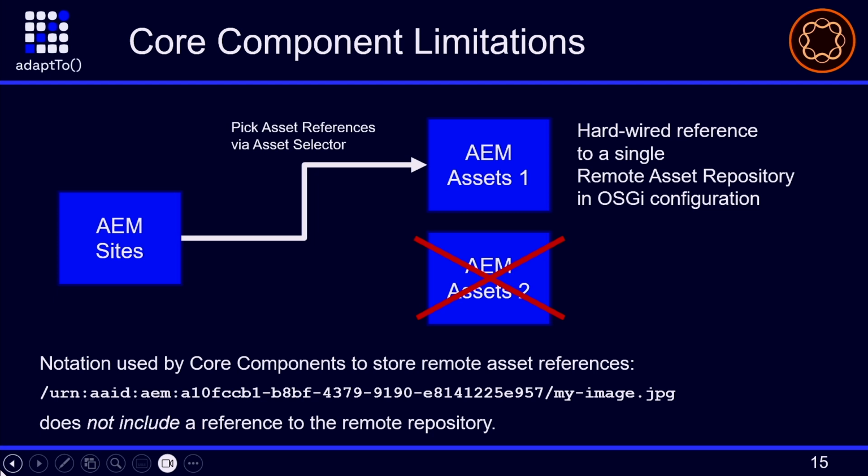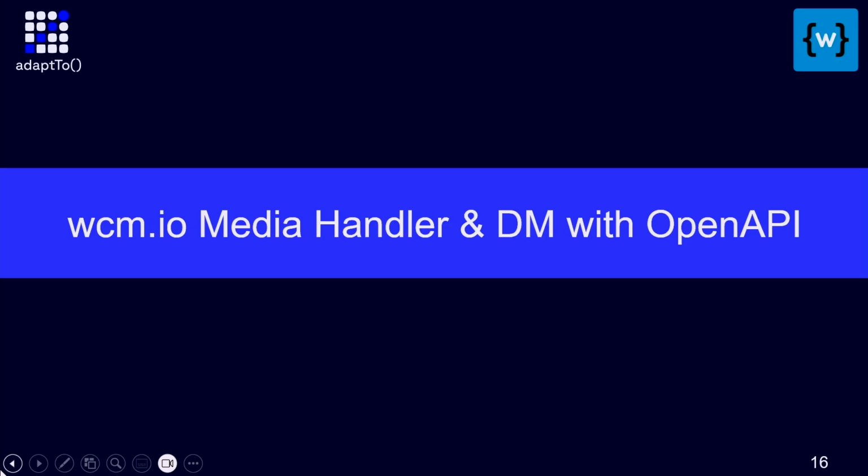So in case you activate multiple remote asset repositories, which is possible in the asset selector via configuration, also a bit hacky, then it will not work with the notation, because the notation then has to include a reference to repository 1, 2, or whatever repository you've chosen as well. So this notation has to be changed as well. I think this would not be a big issue to add to core components and do these changes, but currently it's not there. And so this is the current situation. But for most use cases, it's probably fine to use right away.